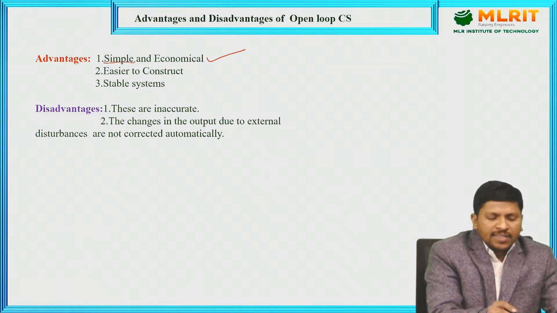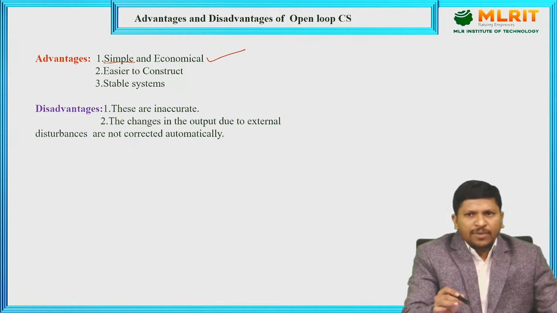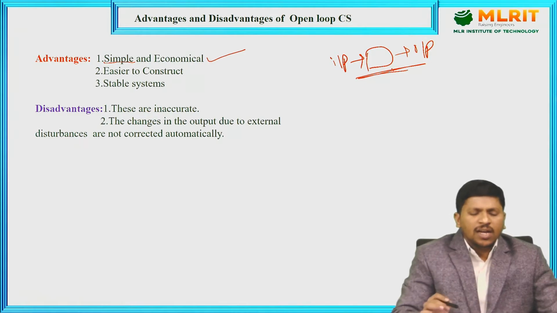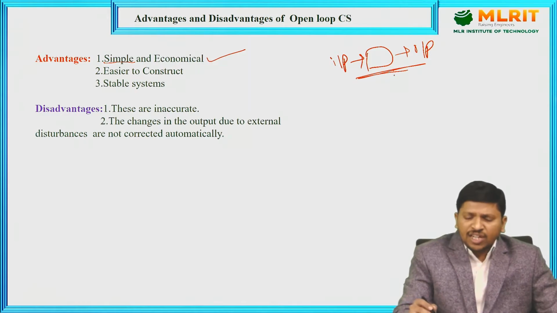Simple means open loop control systems use a smaller number of elements in the design. Just a simple input is given directly to the system, and finally we get the output. The design is simple and the construction is also very easy.